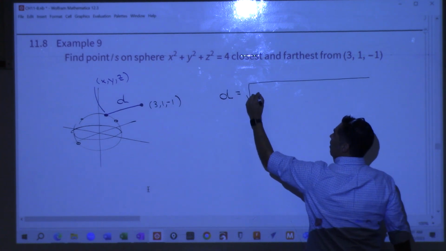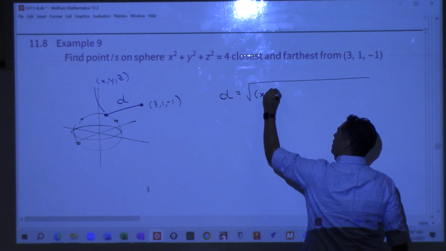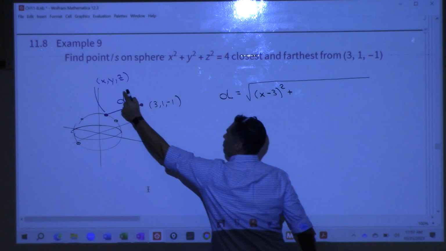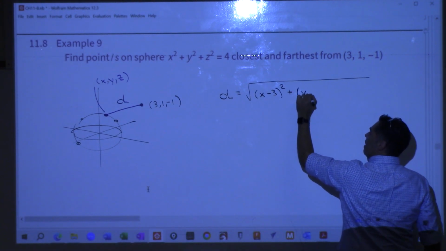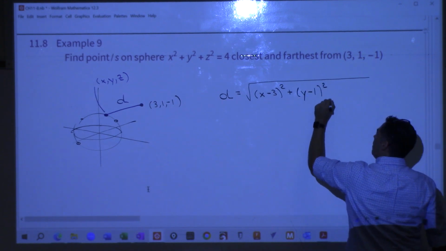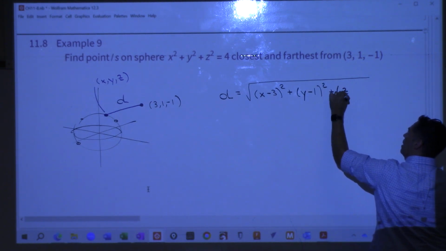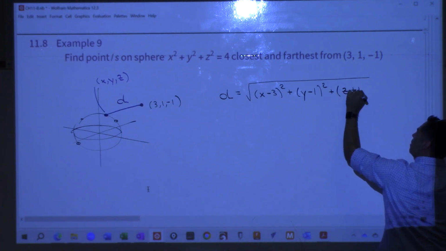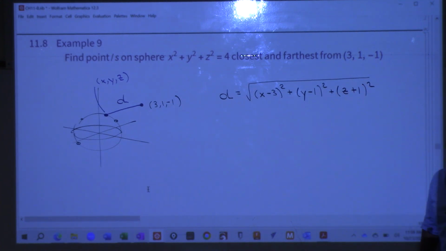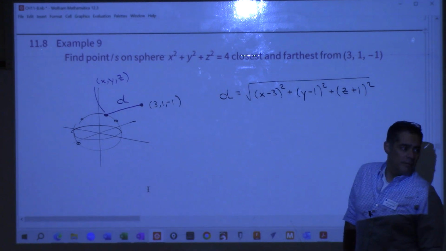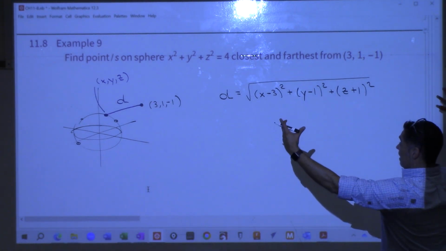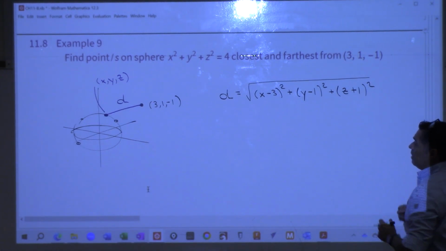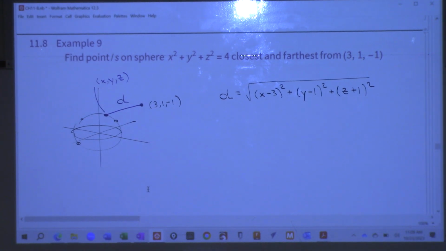In this case, I'm going to write x minus 3 squared plus y minus 1 squared plus z plus 1 squared. Do you all agree that that's the distance between that point x, y, z and 3, 1, negative 1? And we want to know when this gets the biggest it can be and the smallest it can be, but we've got to constrain it.